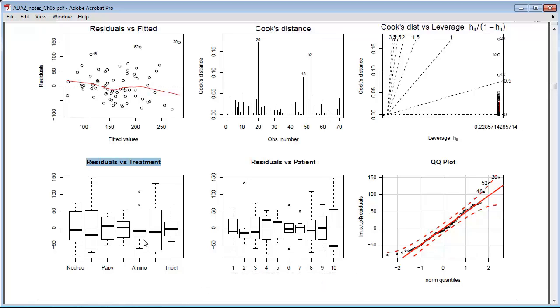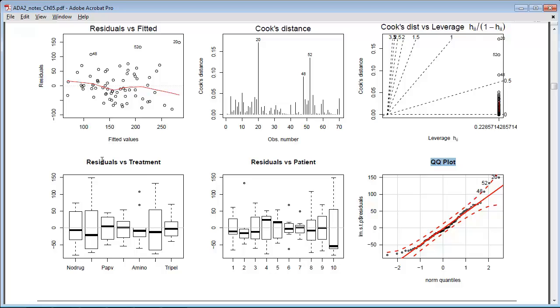We now need to remember what the assumptions are for our regression models. All of our assumptions are on the residuals, which is why residuals are the things that are plotted here. In particular, residuals should be normally distributed, so we can look at our QQ plot and see whether they're normally distributed. Next, we want to see whether they have constant variance.